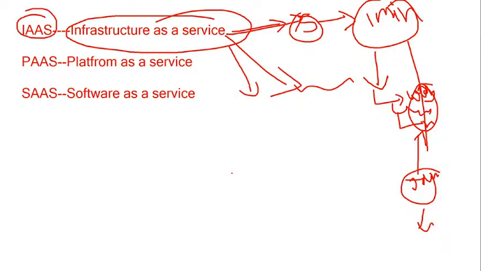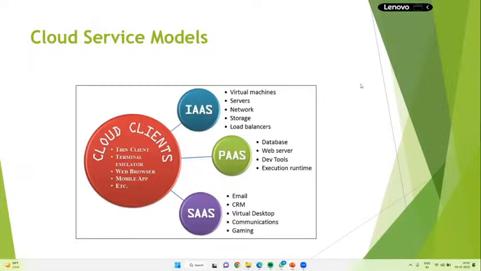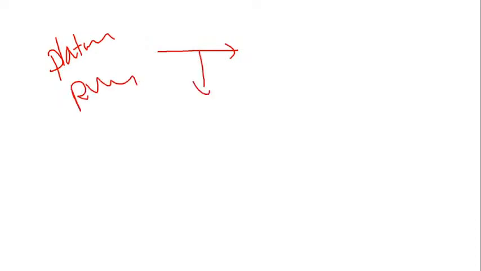Next, Platform as a Service. What is Platform as a Service? Any idea? The name itself describes it: they are providing the platform and runtime. For example, you have to deploy one Java application. The Java code is ready with you.